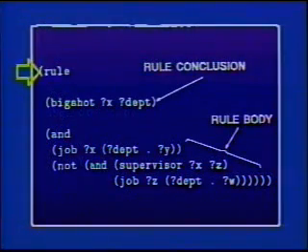The thing that says it's a rule, and then there's the conclusion of the rule, and then there's the body of the rule, and you can read this as a piece of logic, which says if you know that the body of the rule is true, then you can conclude that the conclusion is true. Or in order to deduce that X is a big shot in some department, it's enough to verify that. Right, so that's what rules look like.